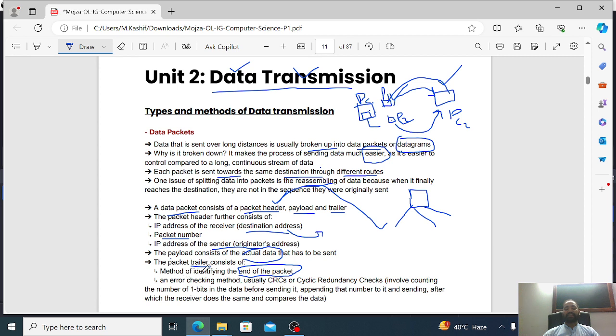And the second thing that the trailer defines is the error checking method, that is obviously called CRC, meaning cyclic redundancy check. There are also many other methods that ensure that no error occurs during the data transmission. Others are parity check, ARQ method, check digit, etc.